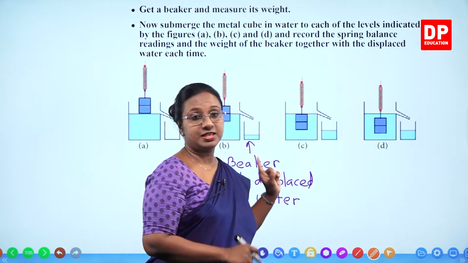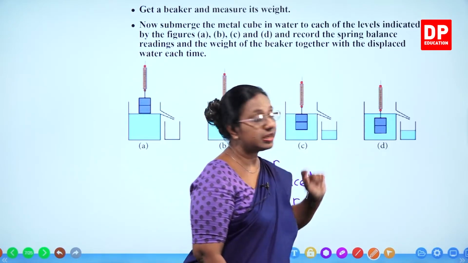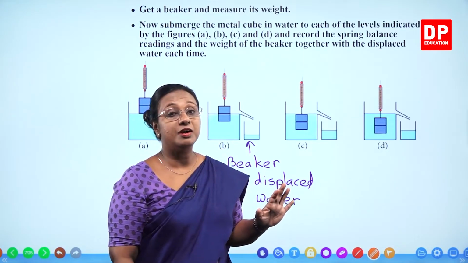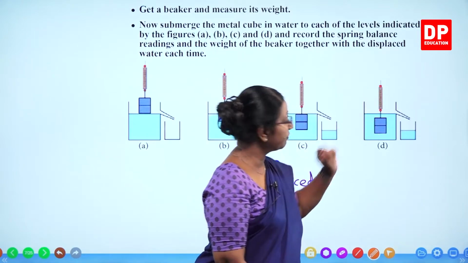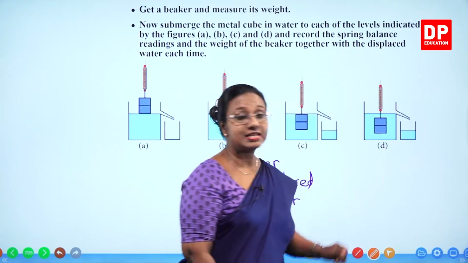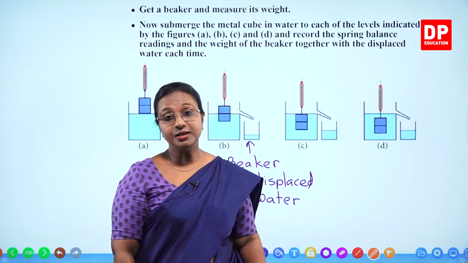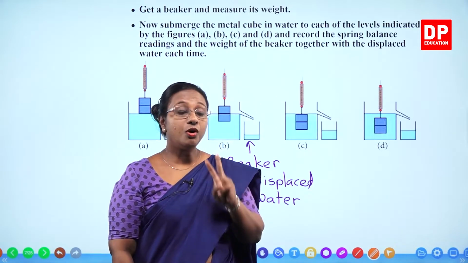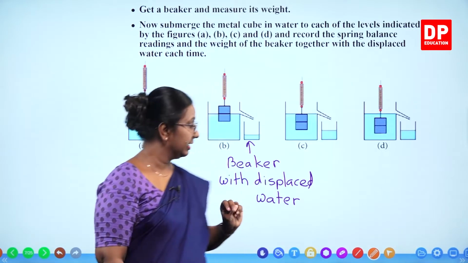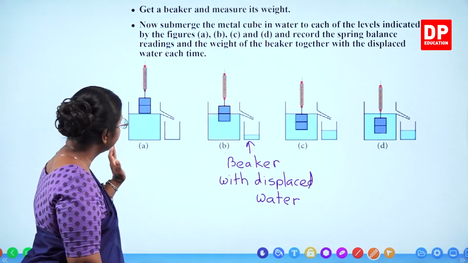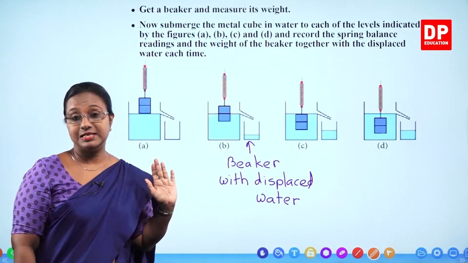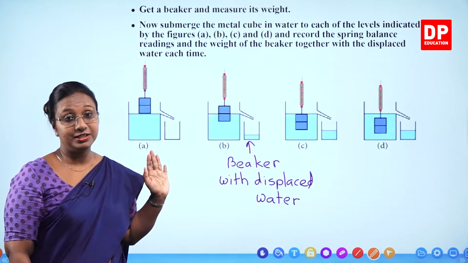Here also we see water flowing out. Here there is no change. But to confirm it, we need to get the reading of the Newton balance as well as the water with the beaker. So, always we take 2 readings, and we need to take readings under these 4 instances. Is that clear to you?